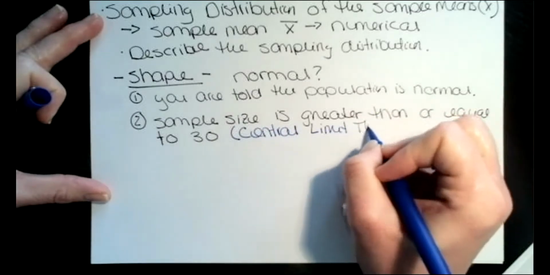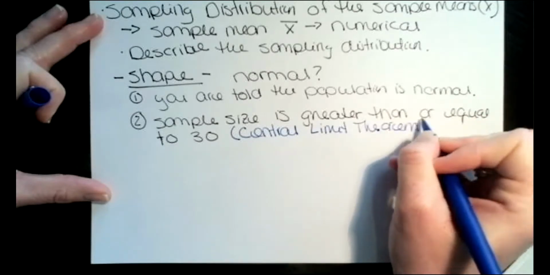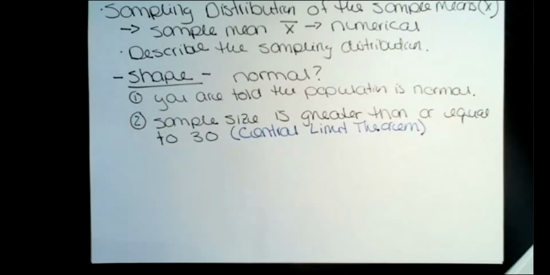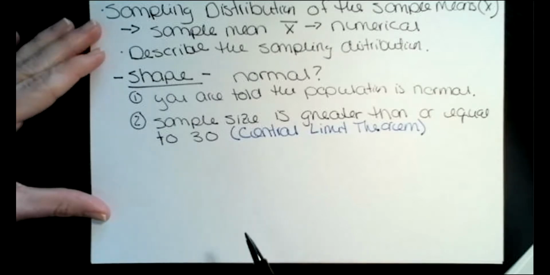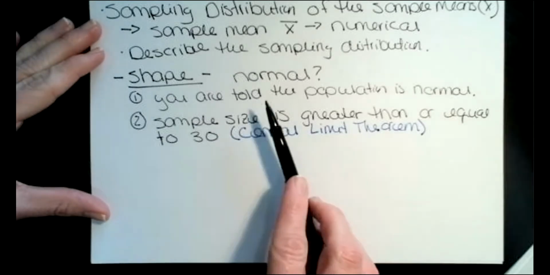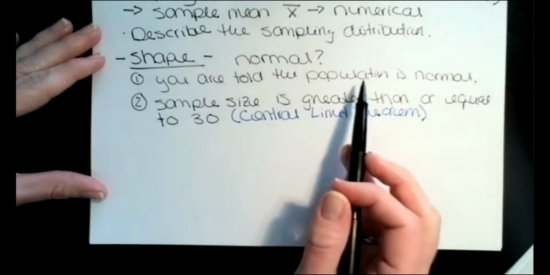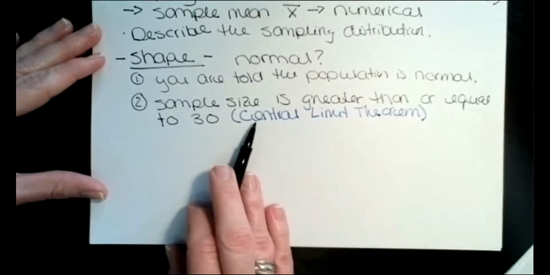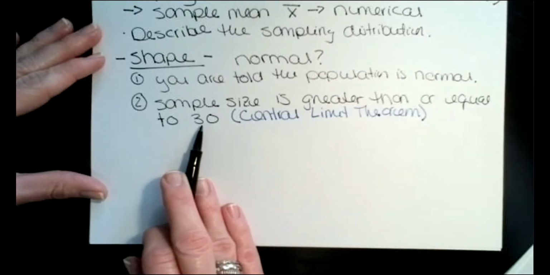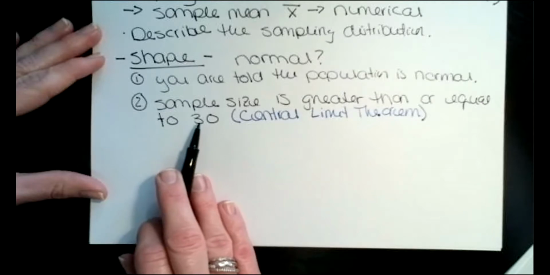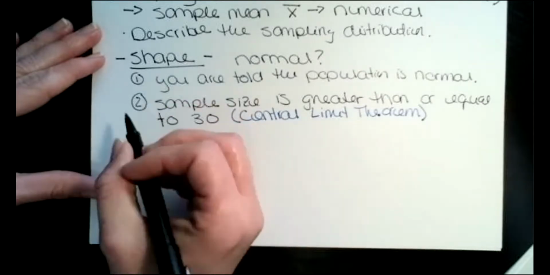The central limit theorem just says that if our sample size is greater than or equal to 30, then the sample is what we consider large enough to produce a symmetric data set of all these sample means, okay? No matter what shape the population is. So for this one, it doesn't matter. Maybe the population is skewed right, but if my sample size is 30 or larger, then I'm still okay because that sampling distribution will come right back down to a normal shape. Okay, so that's one way.